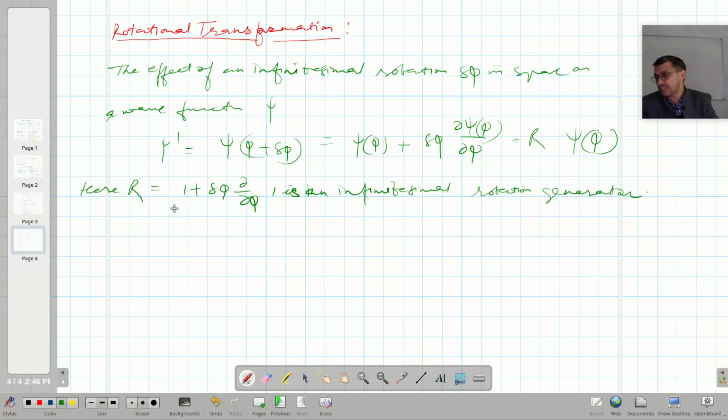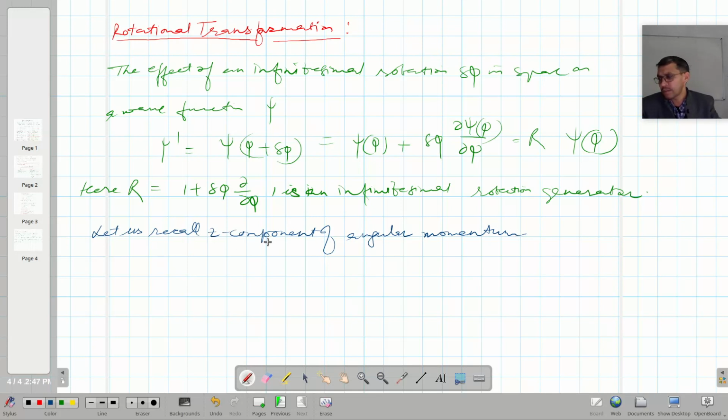So let us now recall the z component of angular momentum, as this z component is just by convention. Also, angular momentum is related to rotation.